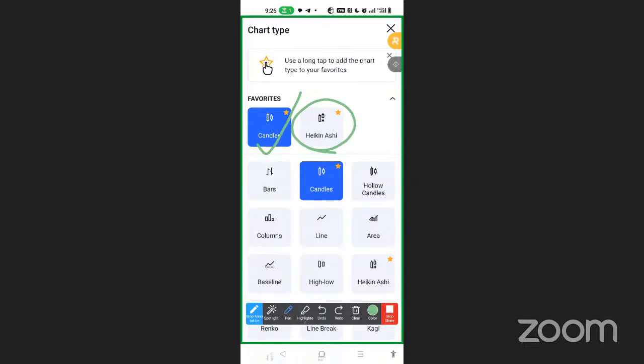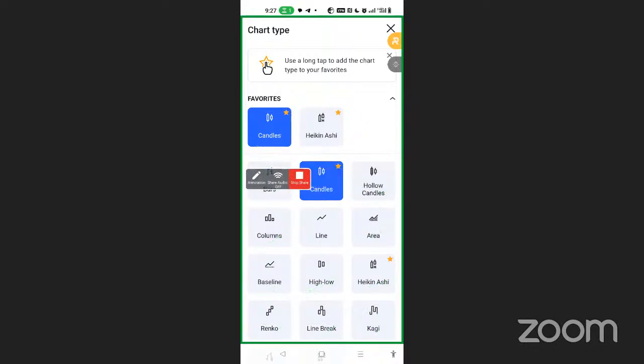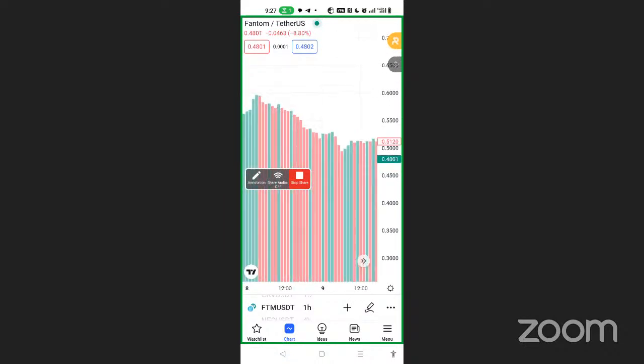We have bars, hollow candles, columns, line, area, baseline, high-low, Heikin Ashi, horizontal, line break, Kagi. All these are different types. For example, if you use the columns, that is how your screen will look.